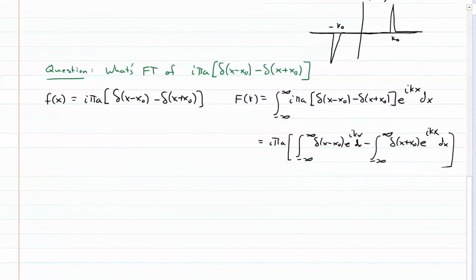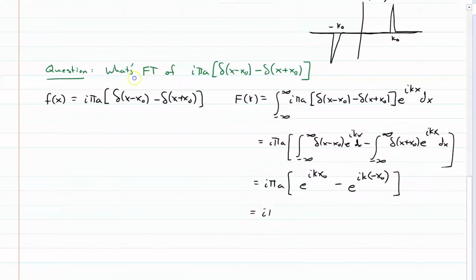All right, the first integral, there's a spike at x equals x0, so that's the only place where the delta function is active. So this is i pi a, and I pick out the value of this function when x is equal to x0, so I get e to the i k x0. And in the second one, I get e to the i k times minus x0, because the delta function has a spike at minus x0 for the second one, just like that, right?